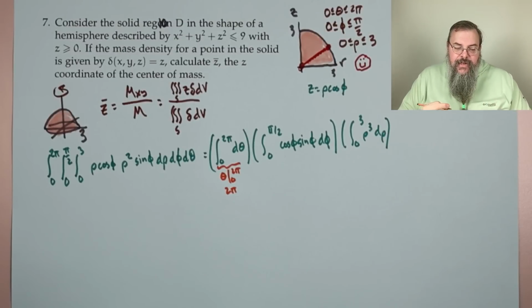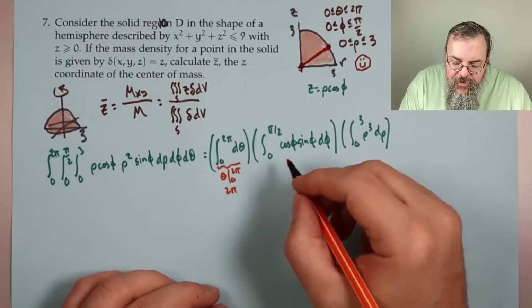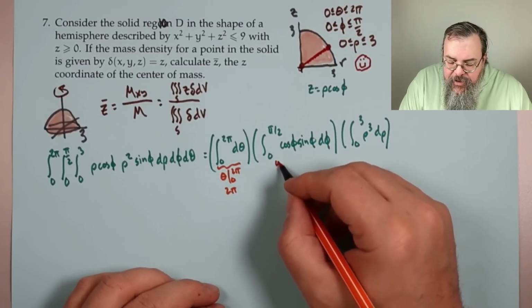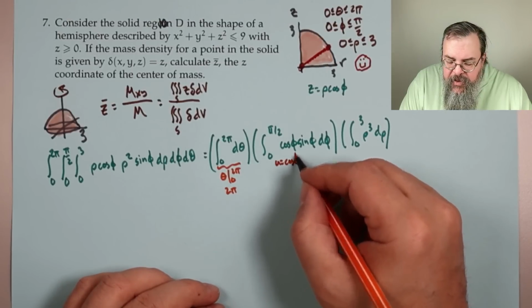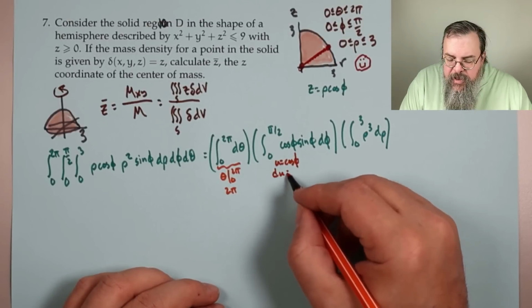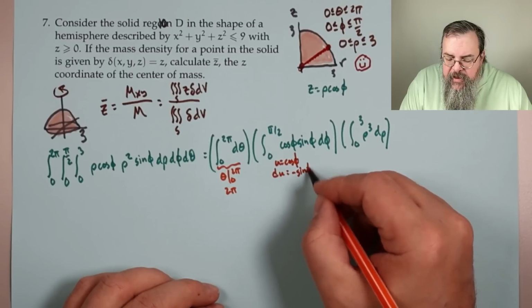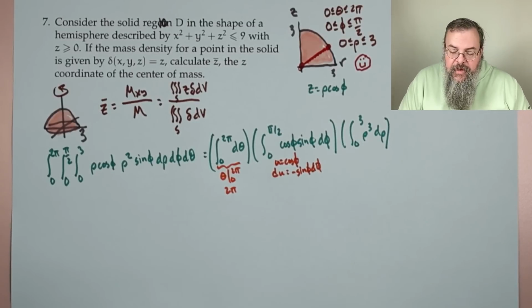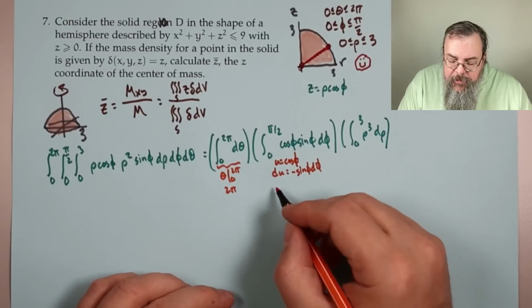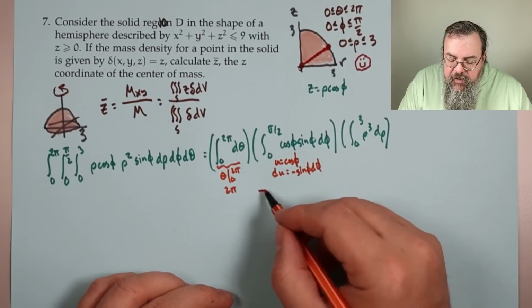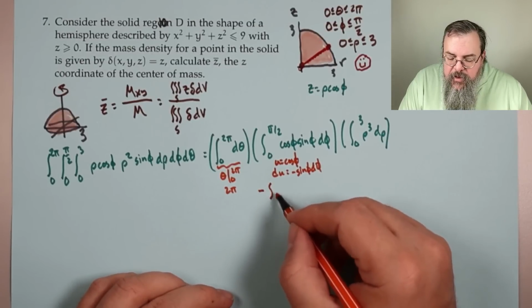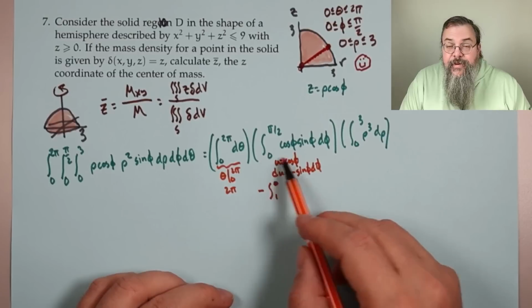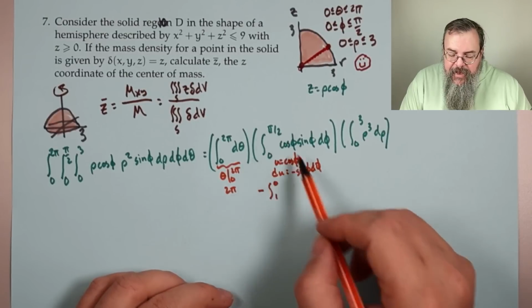And so here, let's let u equal cosine phi. Then du would be negative sine phi d phi. So this becomes minus the integral 1 to 0, because cosine of 0 is 1, and cosine pi half is 0.